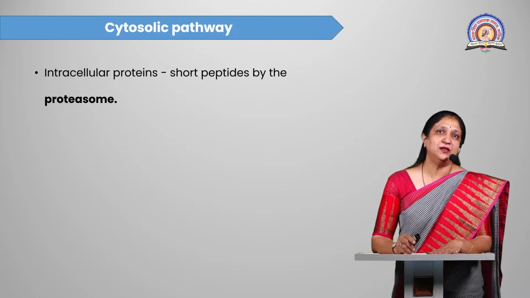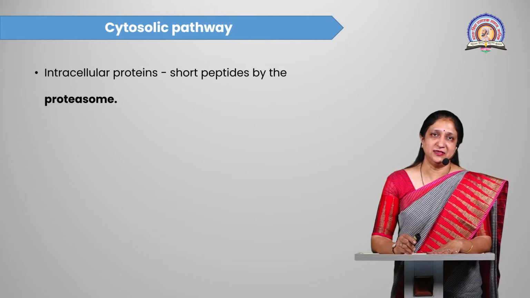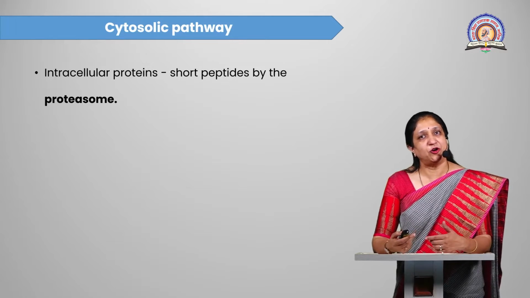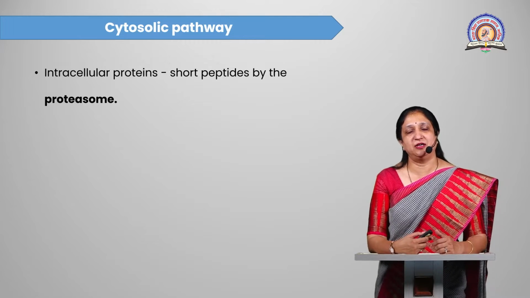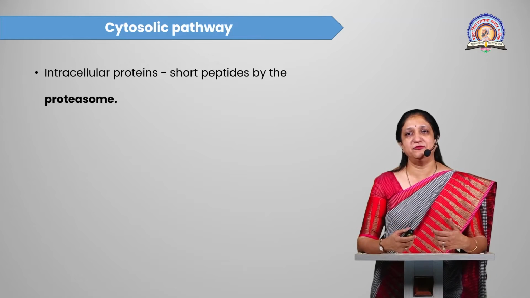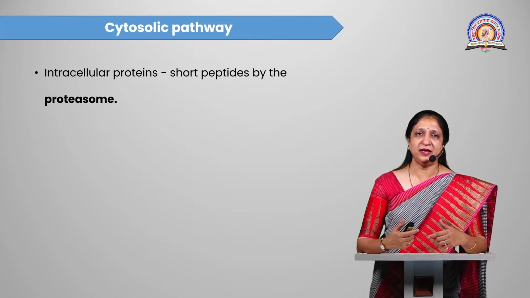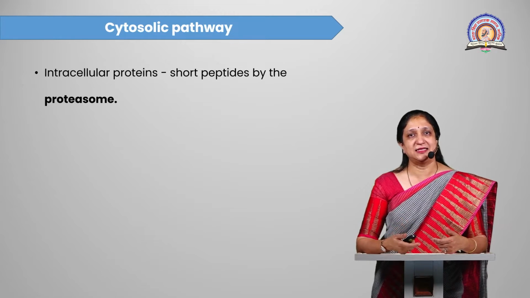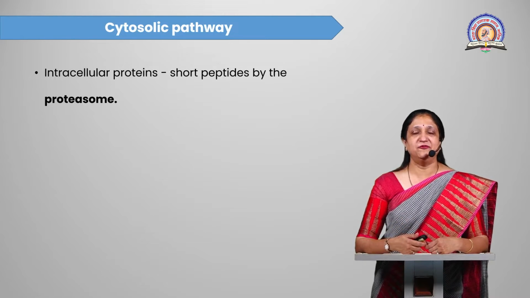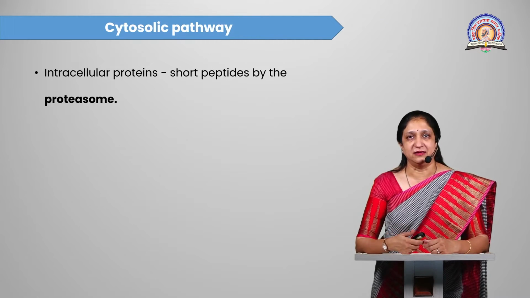For example, enzymes are present in the cells, and once the enzyme is produced, it acts on the substrate for a limited period of time, after which there is some wear and tear that occurs in the protein, and this reduces the activity of the protein. And therefore, it is necessary that this enzyme protein should be recycled.